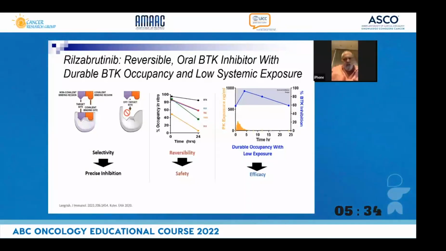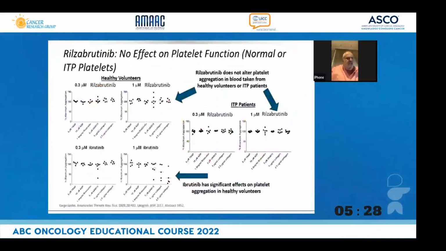And this, of course, results in more efficacy. Now, next slide, the other piece of information is that this drug does not alter platelet aggregation in blood taken from healthy volunteers and ITP patients, compared to ibrutinib that has significant effects on platelet aggregation in healthy volunteers.